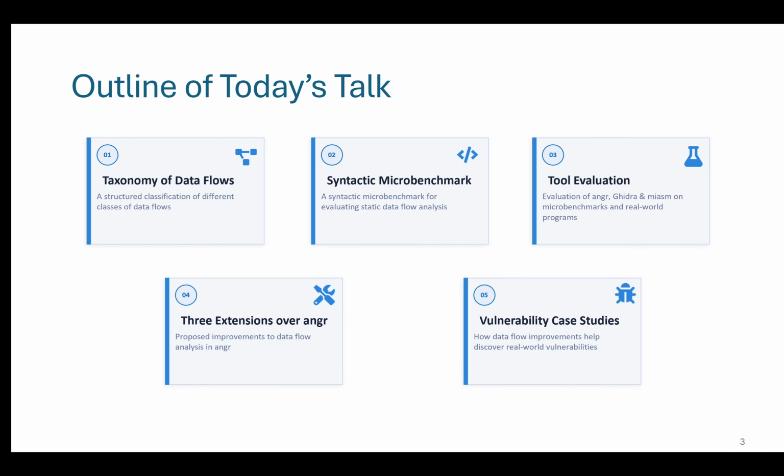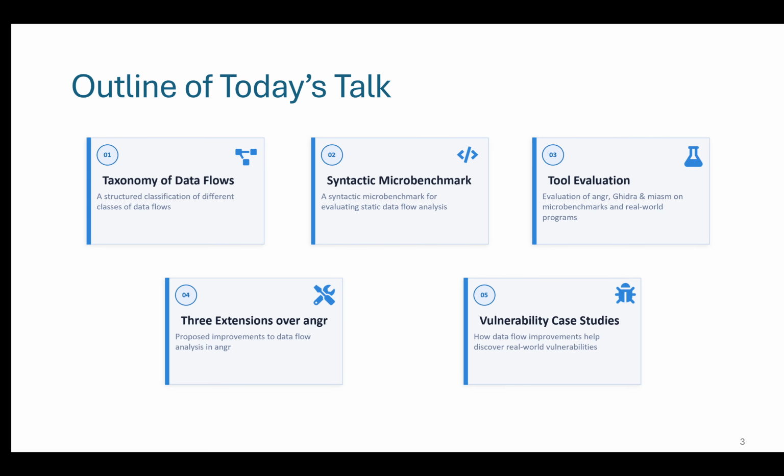In this research, we first propose a taxonomy and different categories of data flows at binary level, and then we propose a synthetic microbenchmark that can be used for static data flow analysis evaluation. And then we evaluate three famous open source tools such as angr, Ghidra, and Miasm on our generated microbenchmarks and on some real-world programs.